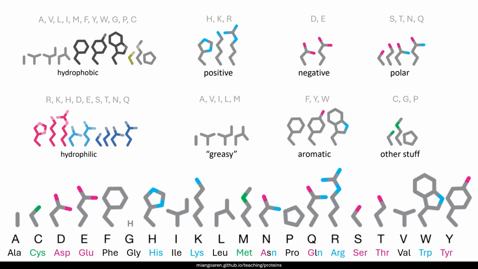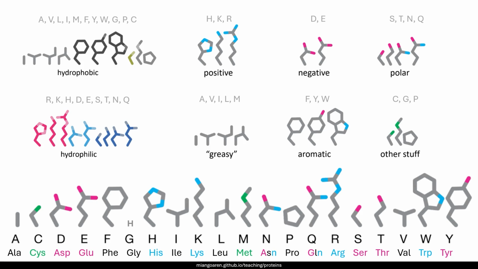We can also classify them according to the presence of charges, for example, positive or negative. For example, in the total configuration of the chain we can say if there is a certain polarity, or if there is no group with any charge that makes us think that they are greasier, or even if there is the presence of some aromatic rings within their chemical structures, as well as others that are perhaps more characteristic and do not fit within all these classifications.